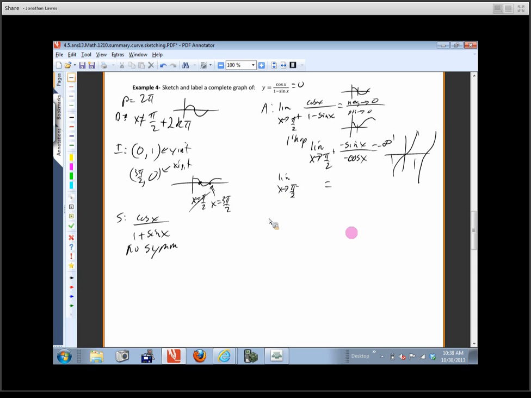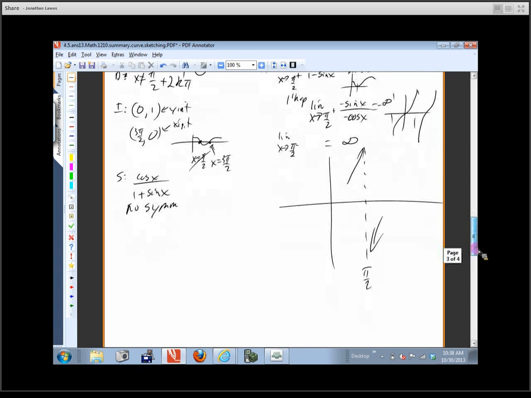But isn't the same thing going to happen? Aren't I going to get 0 over 0? Yeah. So I'm going to differentiate using L'Hopital's rule. So I'm going to check the behavior here. So I'm looking at this side. So it's going to approach positive infinity. So at pi halves, it's going to look something like that. It's going to go up here, and it's going to go down here. Good there? Okay. So there are the asymptotes.